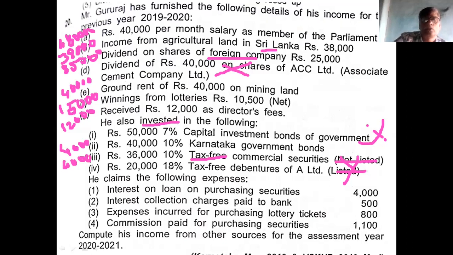Then 20,000, 18% tax-free debenture. 20,000 into 18%, again it is 3,600, but it is also tax-free. Remember this. If you gross up this, 20,000 into 18 by 90, your answer is 4,000. This is also 4,000.